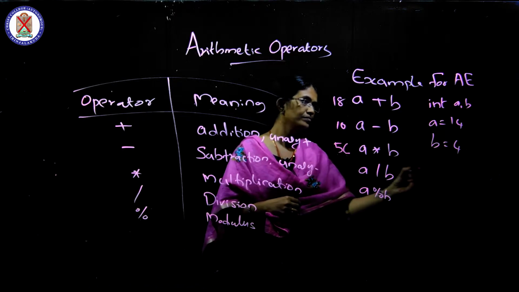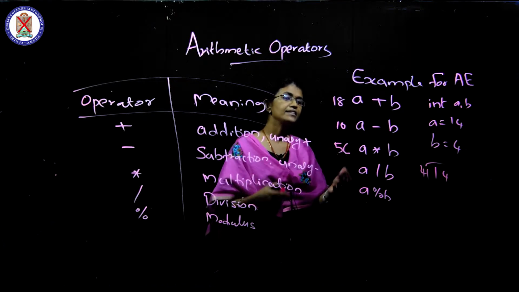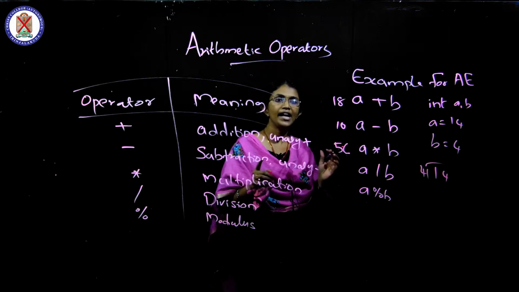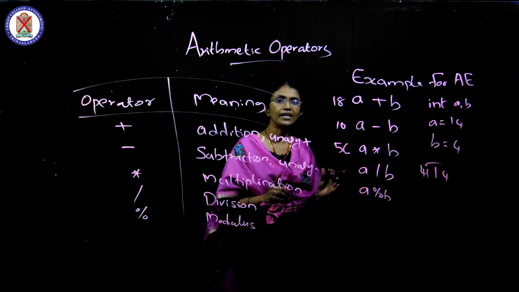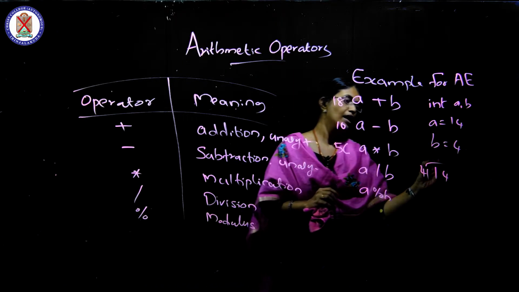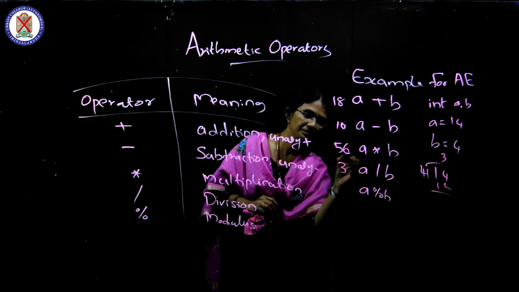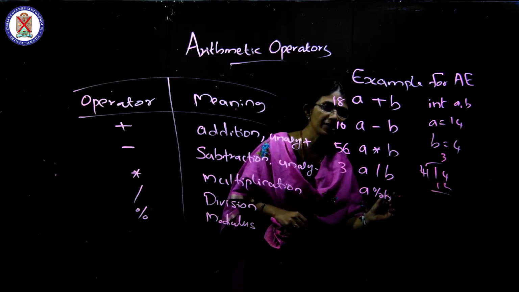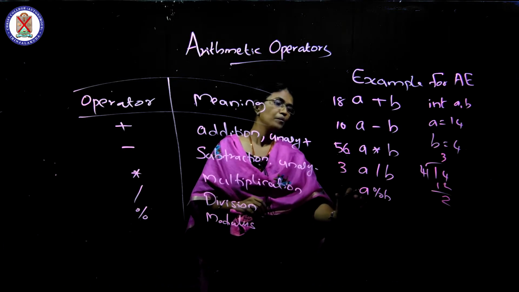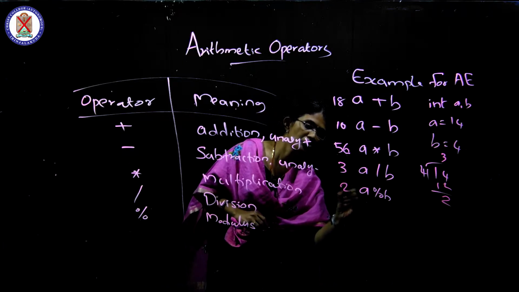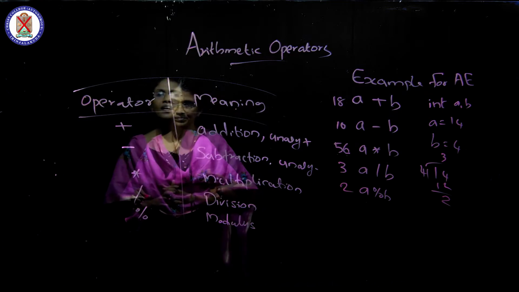In this case, 14 divided by 4: a and b are integers, so the compiler takes only the integer part, no fractional part is considered, so 3 is the answer. And a modulus b: the remainder is the value of the modulus operator, so its value is 2. This is the example for arithmetic operations.